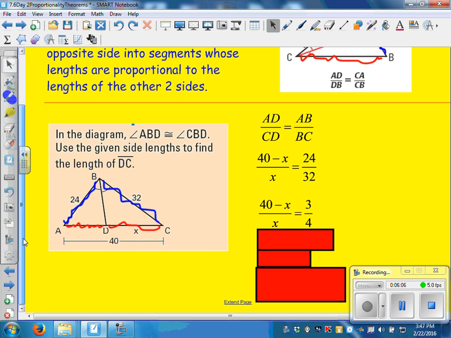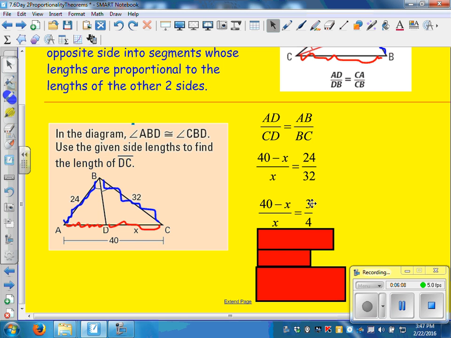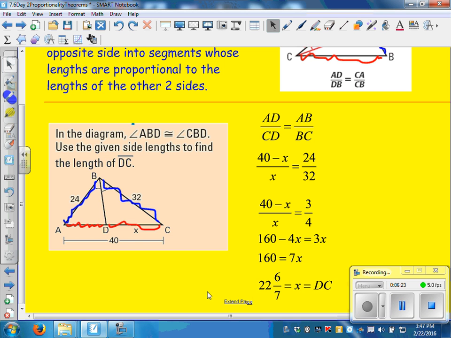You can also choose to simplify 24 over 32 to a reduced ratio, which makes the calculations a little bit easier. Doing cross multiplication, 160 minus 4x equals 3x. Add 4x to both sides, and you will get that x equals 22 and 6/7, which is also the length of DC.